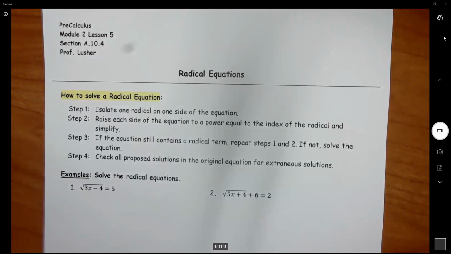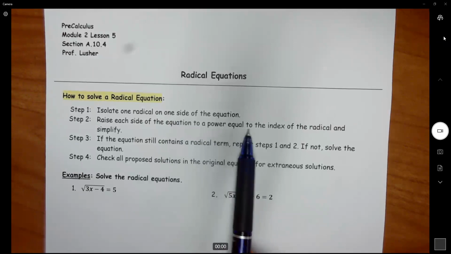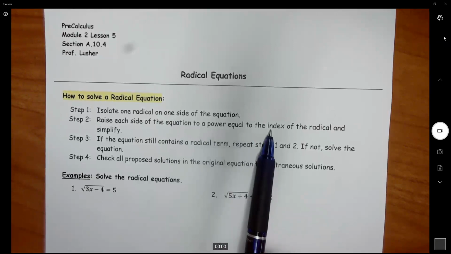Step 2 is to raise each side of the equation to the power equal to the index of the radical, and then simplify. For our problems, we're always going to have square roots, so the power equal to the index will always be squaring.